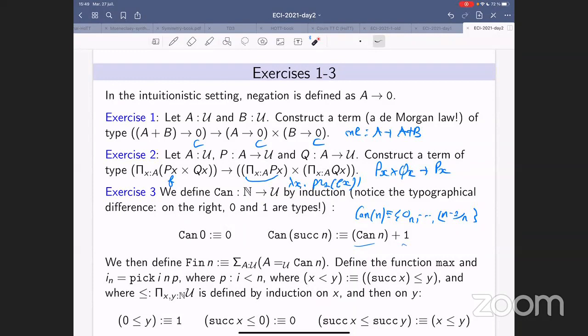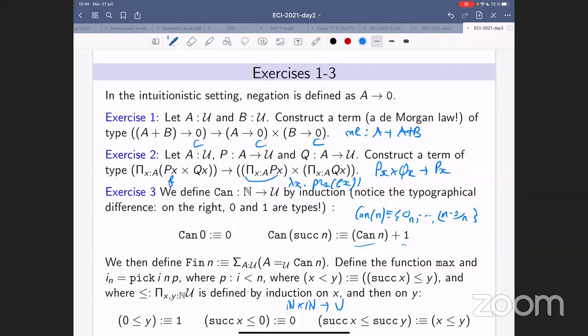And this is a type family, which goes from nat times nat to U. So you fix an x and y, and then you have the type x less than y.